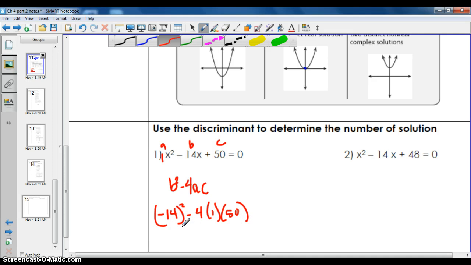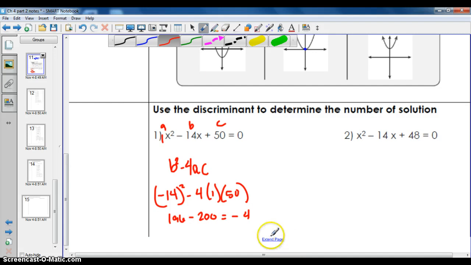So if we calculated that out and took 14 and squared it, which is 196, and then we took the 4 times the 50, got 200, so 196 minus 200, then we would wind up with a negative, right? So if we have negative 4, and this is negative, that means that we are going to have a negative under the radical and have 2 non-real solutions.